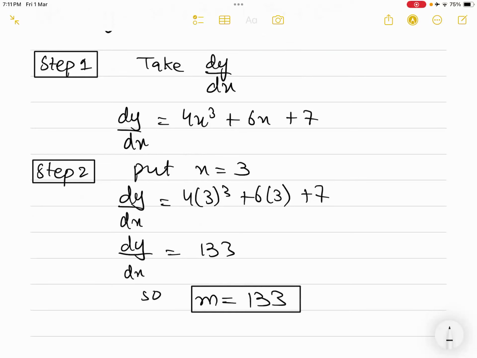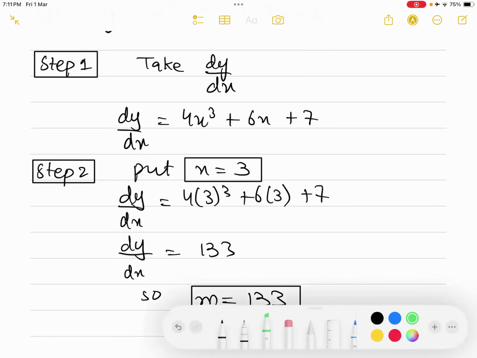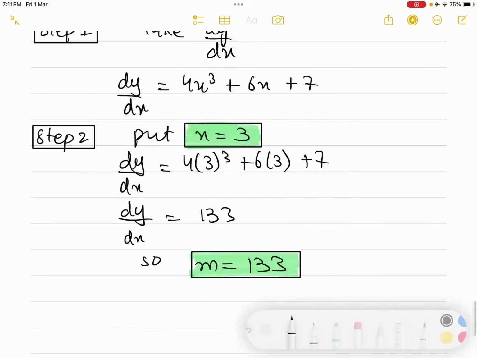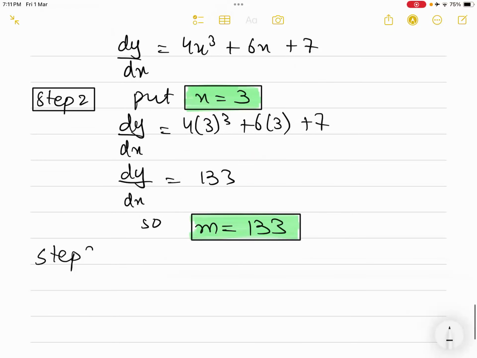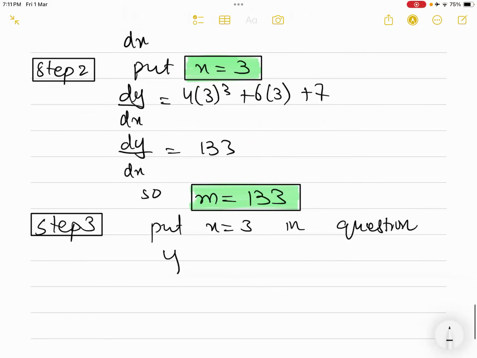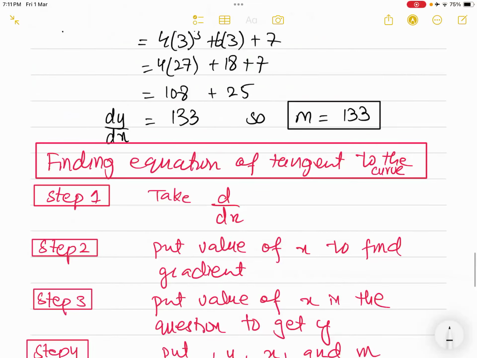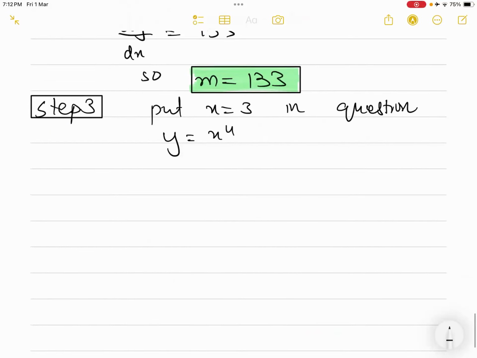Got it? Now look at this, everybody. For y is equal to mx plus c, I have x, I have m. I need to find y now. Step 3, put x is equal to 3 in the question. The question was y is equal to x power 4 plus 3x square plus 7x plus 6.